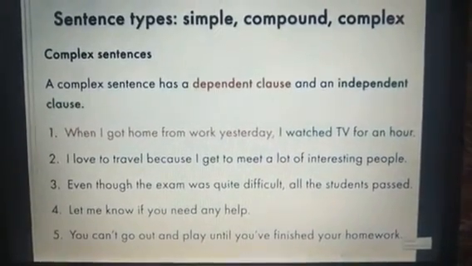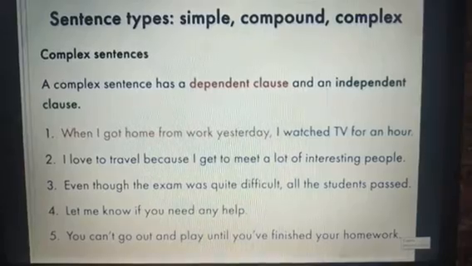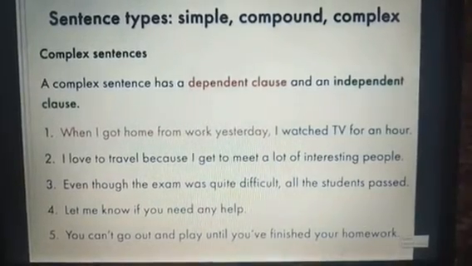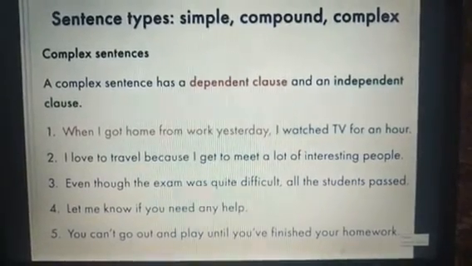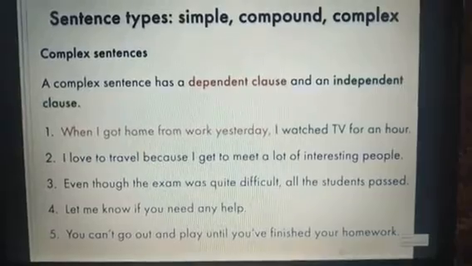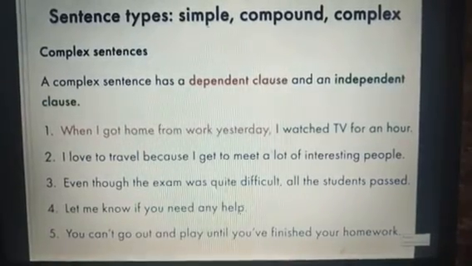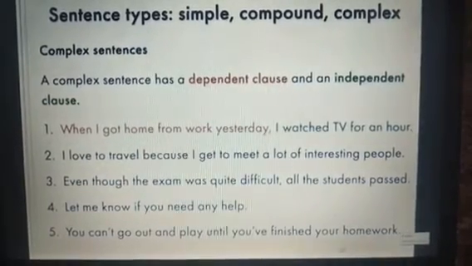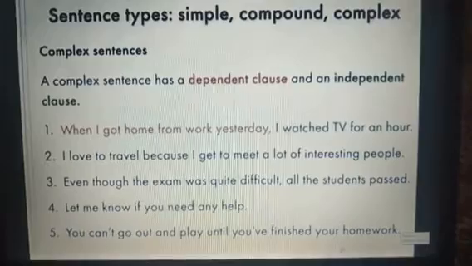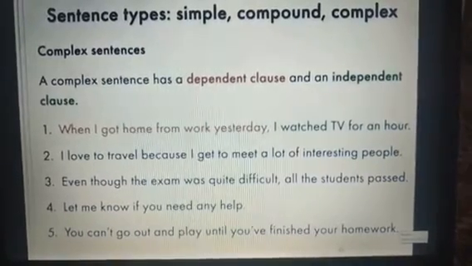Now in sentence number 1, we saw that the dependent clause came first, and here in number 2 the dependent clause comes second, but that's okay. In complex sentences you can put the clauses in any order, that's no problem.